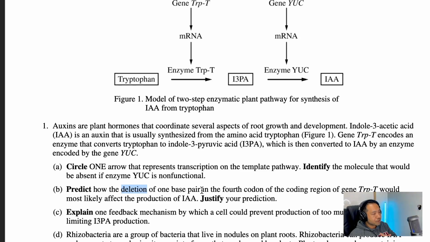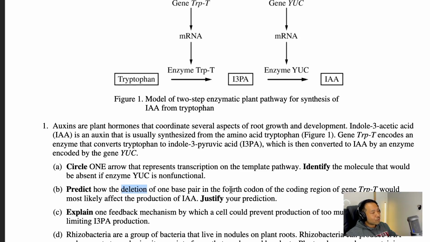And frame shift mutations are rather dangerous because if you remember the concepts of how DNA and its subsequent RNA transcripts are translated into amino acids, each of the amino acids in a sequence is represented by 3 bases. So we take these 3 and say, look, this is the reading frame. We have AUG, and then we have CGC, and we have GGC, and so on.